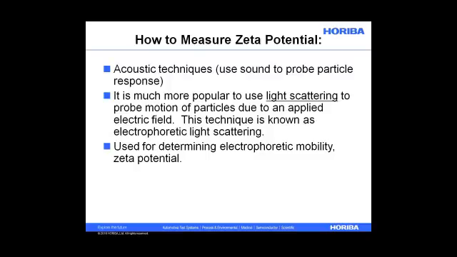It depends a decent amount on operator skill and does not look at very many particles. But the most popular method these days is to use light scattering to look at the motion of the particles due to an applied electric field. So this is known as electrophoretic light scattering, and more commonly talked about as zeta potential measurement. And so we can use that to find electrophoretic mobility and zeta potential to teach us about charge effects in our colloidal system.